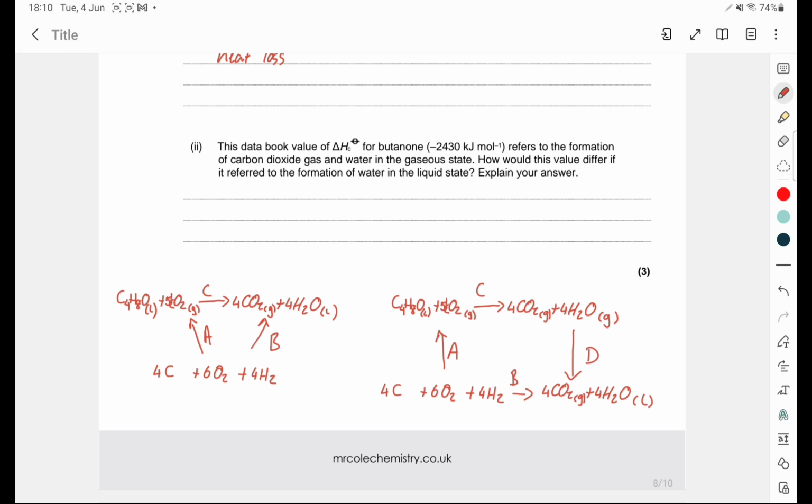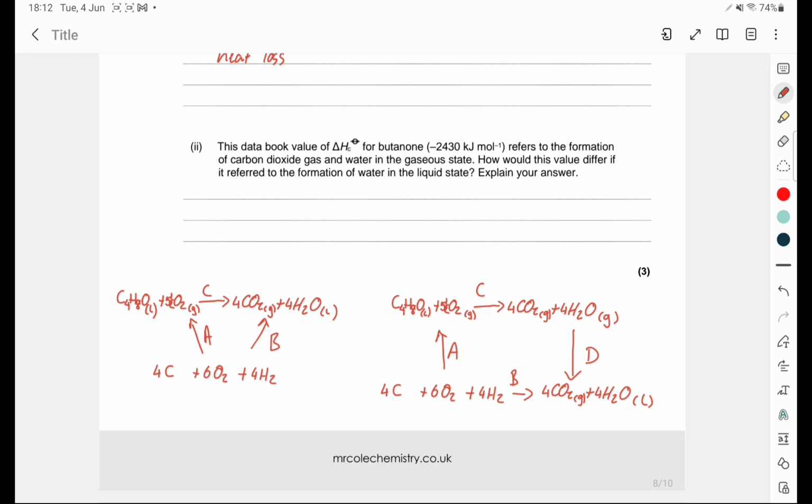On the one on the right hand side, if you want to go from C4H8O, you want to combust it and you want to result in liquid water, yes, you have to do that same reaction, the step which I've labelled as C, but then you also have to do step D as well. What it means is we need to know what step D is.